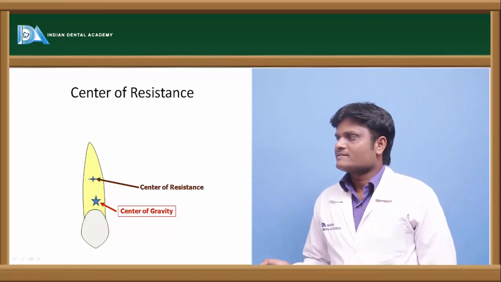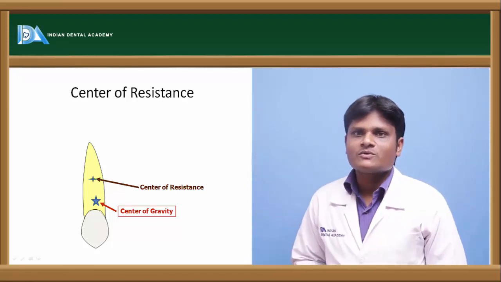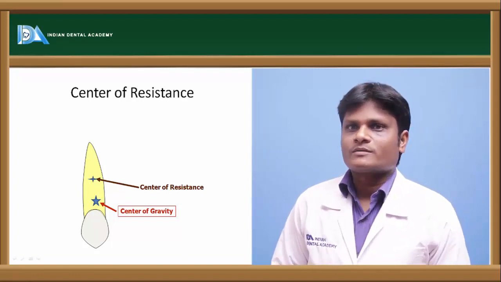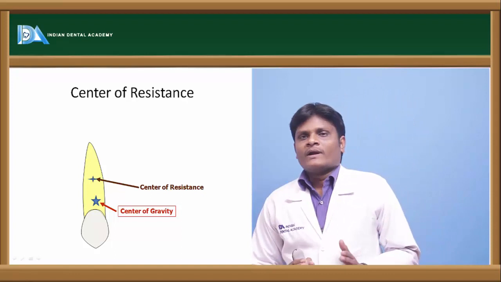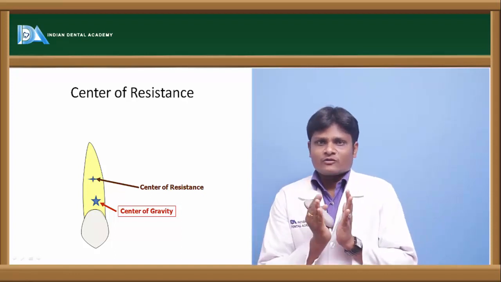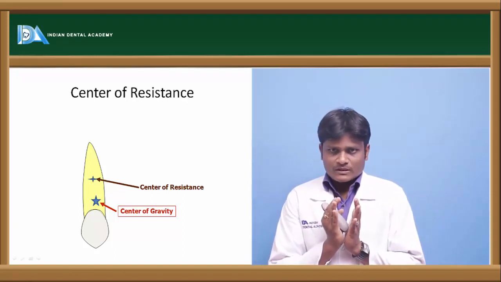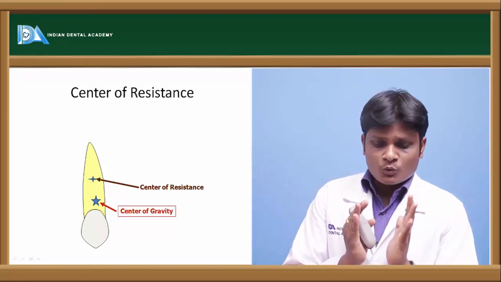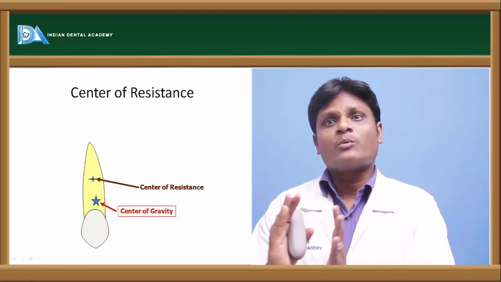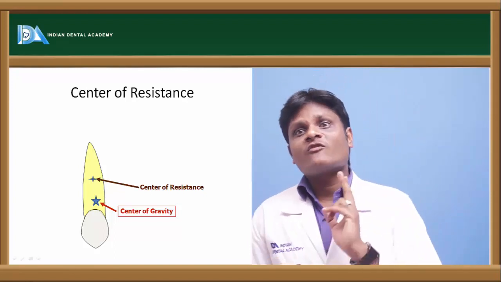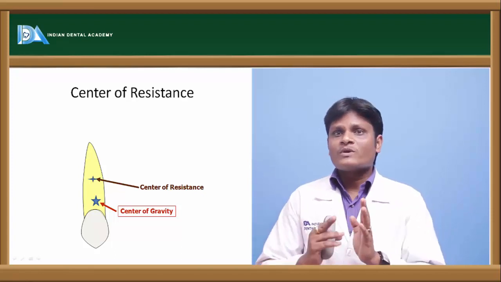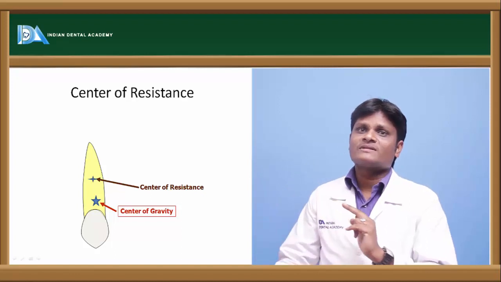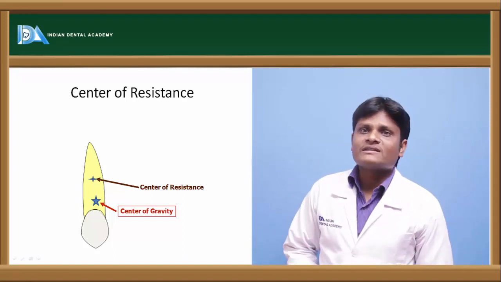Whereas when we consider the center of resistance for the same tooth, it is present almost in the middle of the root. That means when a body is present in a restrained environment, the location of the point through which the force should act to move it bodily will be different from the location of the point through which, if the force acts, the body will move in a translatory fashion in an environment where gravity is present.